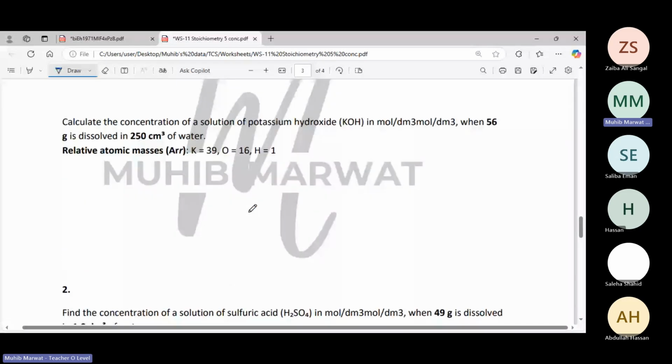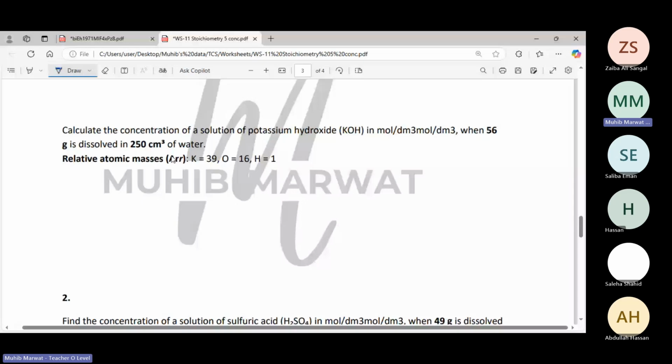Look here again. They are going to ask us about the concentration of a solution of potassium hydroxide in moles per dm cube, right? And the given data is in grams. So what will we do? Of course, we are going to convert this mass in grams into moles by using the formula.